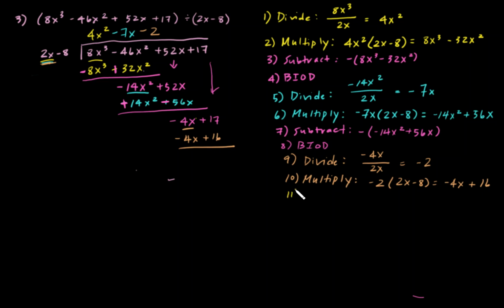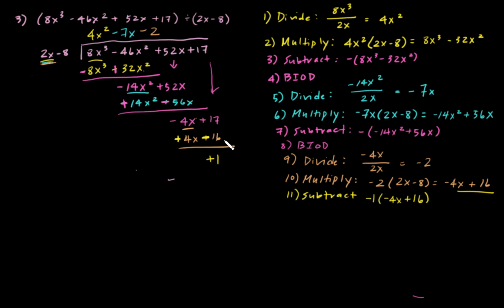And then I'm going to subtract. So my sign here, negative, turns a positive. This turns into a negative, or I distribute the negative 1 into the negative 4x plus 16 right here. Okay, and so I end up with a positive 1.